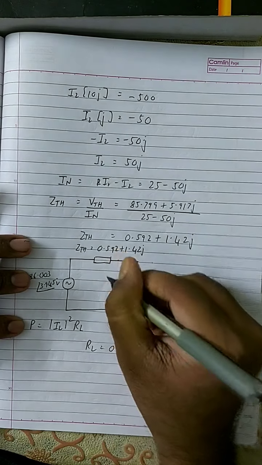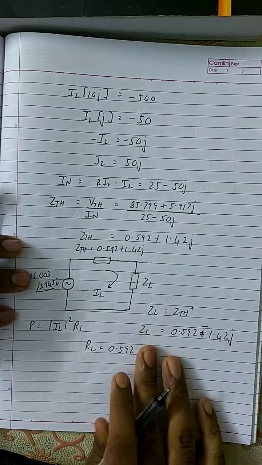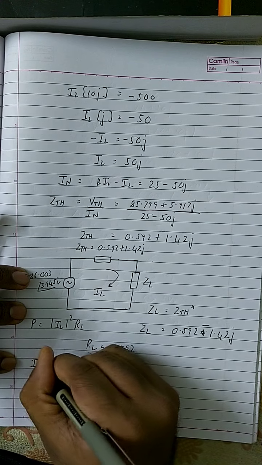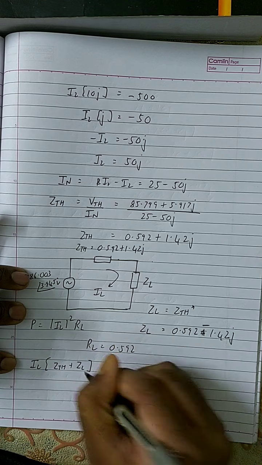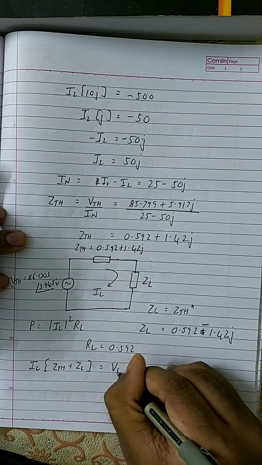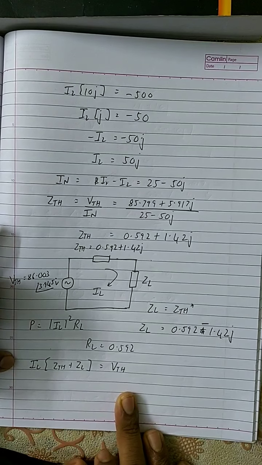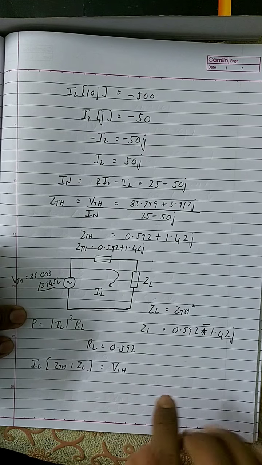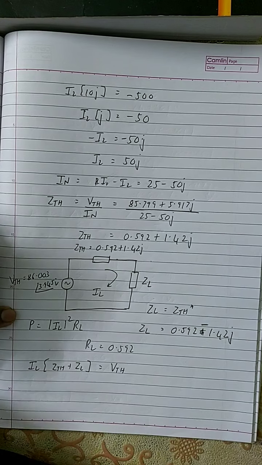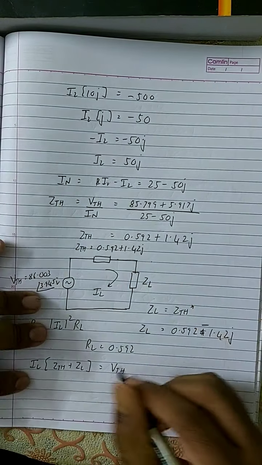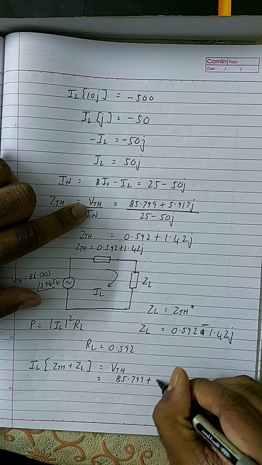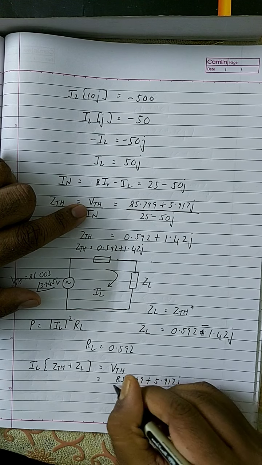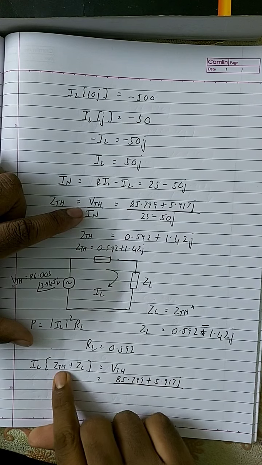Now you need to find the value of IL, which is the current in this branch. If you are applying mesh analysis, the equation is IL into (ZTH plus ZL) is equal to VTH. I will use the rectangular form, that is VTH is equal to 85.799 plus 5.917J, the whole divided by ZTH plus ZL.